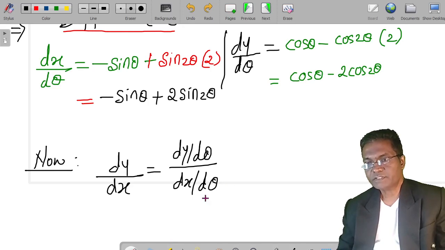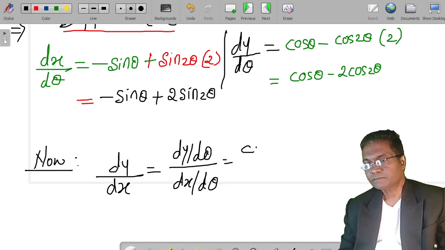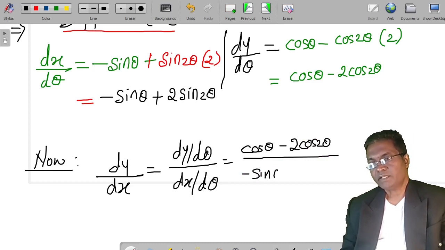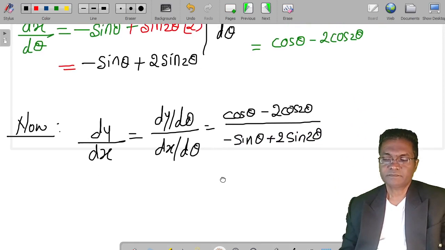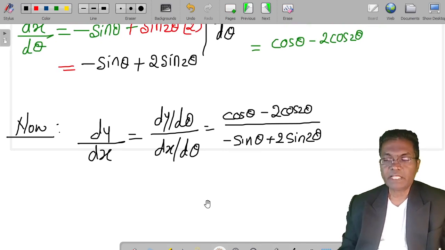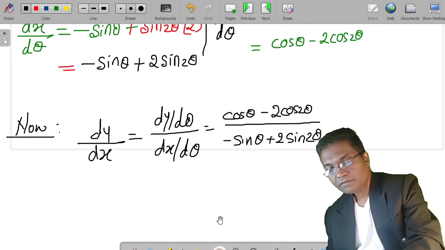It is cos theta minus 2 cos 2 theta divided by minus sin theta plus 2 sin 2 theta. Okay. So this is how we can find the derivative of parametric functions.